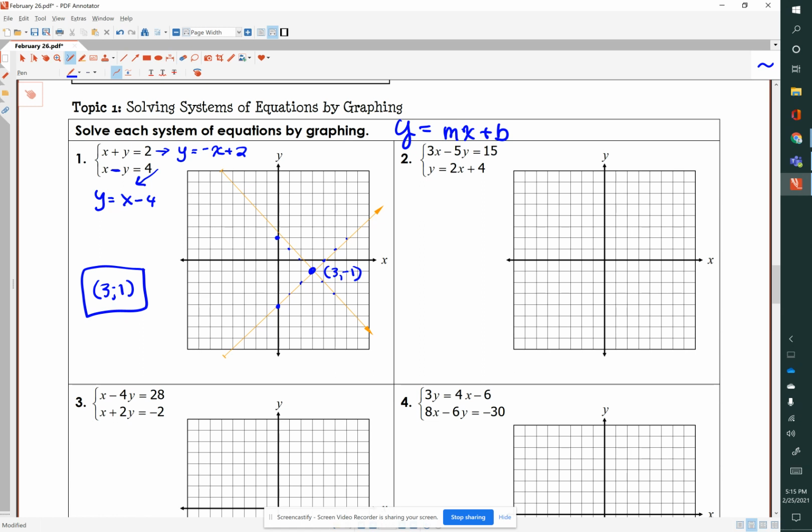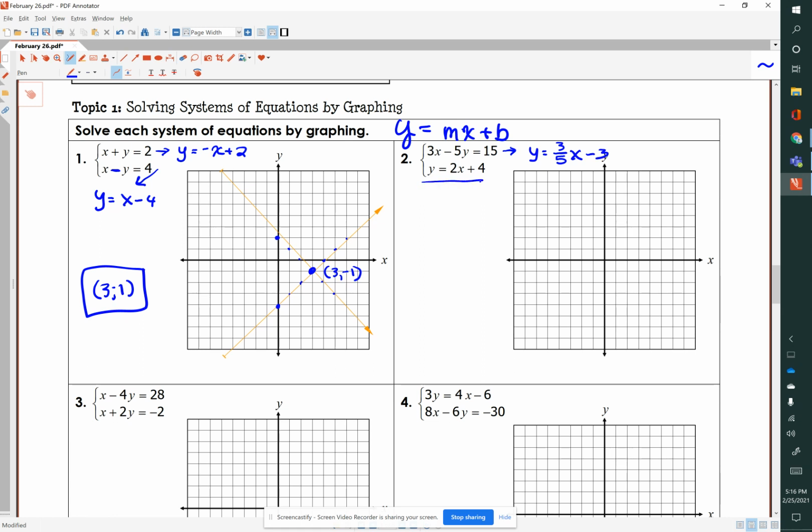All right, second problem. We've got 3x minus 5y equals 15. In slope-intercept form, that would be y equals 3/5 x minus 3. And the second equation is already in slope-intercept form.